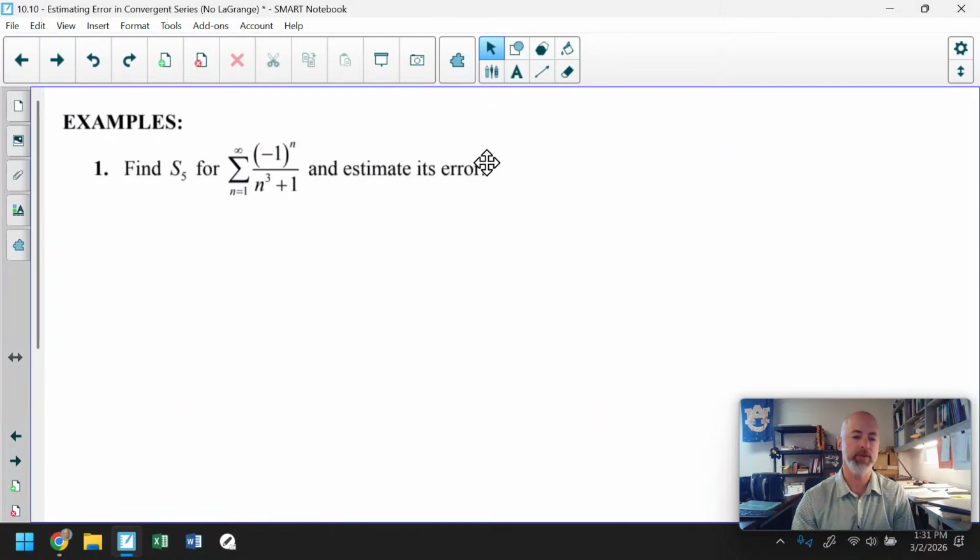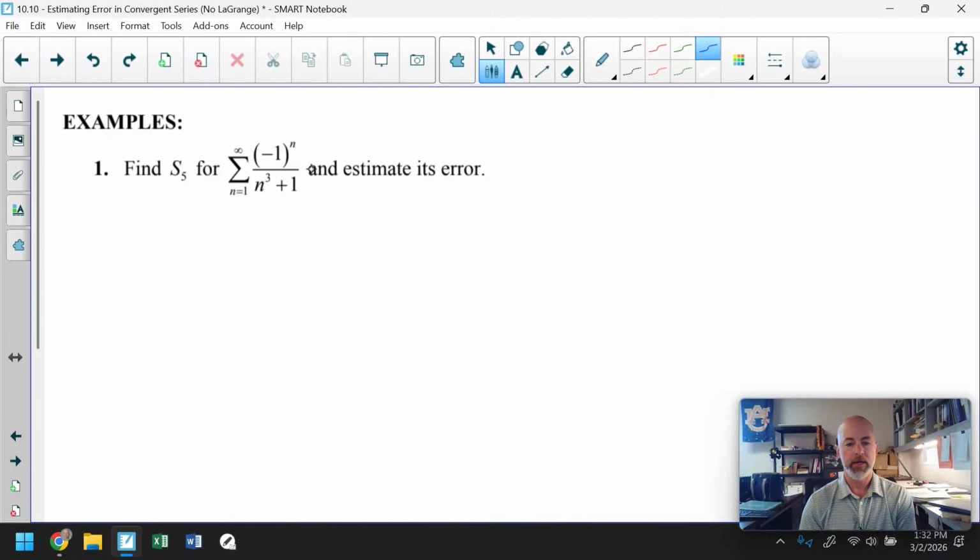And let's look at this one. We have negative 1 to the n over n cubed plus 1. That will indeed converge. Those terms do decrease in magnitude to 0. The sum of the first 5 is going to be, if I plug in 1 for n, a negative term to start off with.